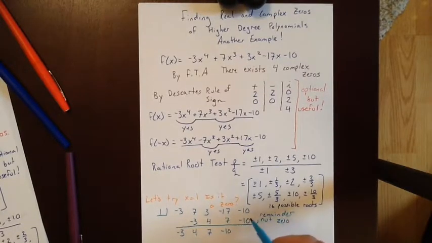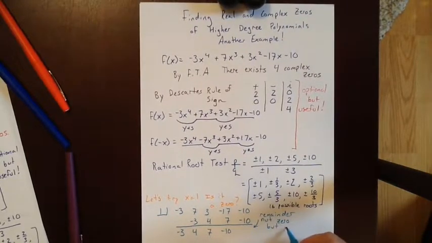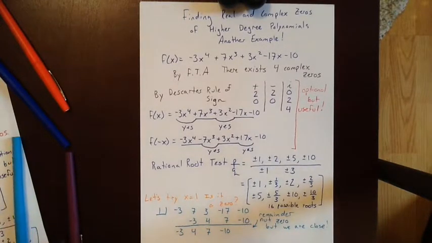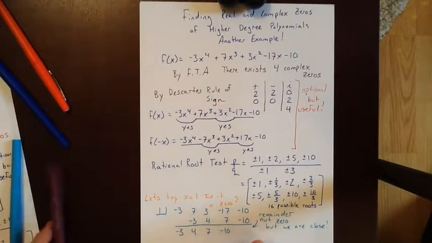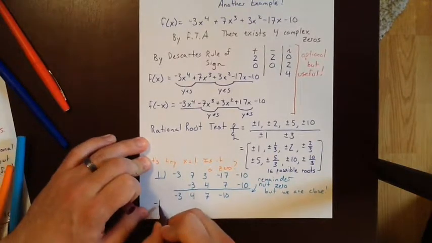But I should add, if you notice quickly, if this was only a +10, it would have worked for us. So it's not a 0, but we are close. What I mean by that is positive 1 got us really close to a number that led us to a remainder of 0. So if positive 1 put us that close, what if we had -1?